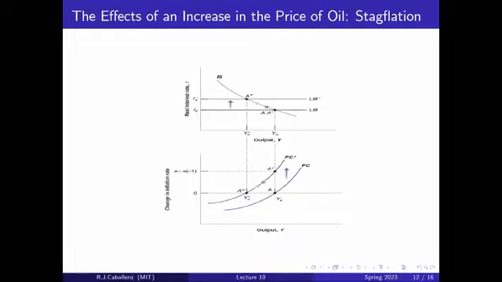Positive output gap means inflation above expected inflation. If you have anchored expectations, inflation starts rising. So the Fed now needs to react to that and needs to tighten interest rates in order to go to a new natural level of output. Okay, and that's the response to that.